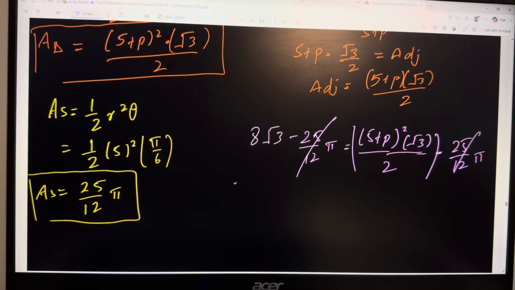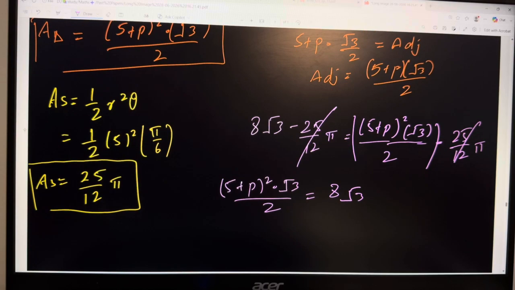So this becomes 5 plus p, the whole thing squared, times root 3 upon 2, is equal to 8 root 3. Yeah, we can find p by this.